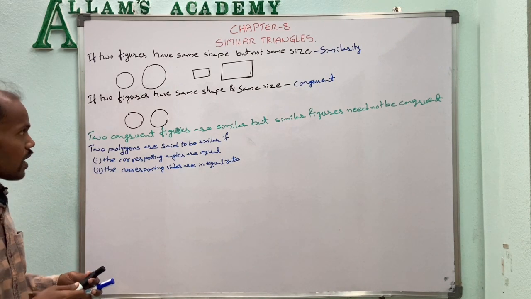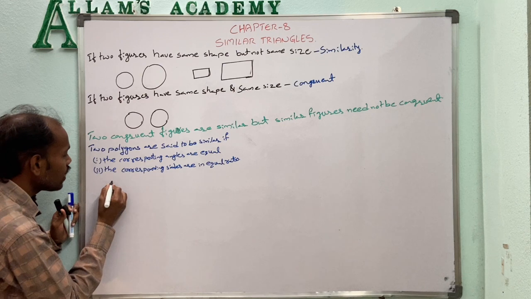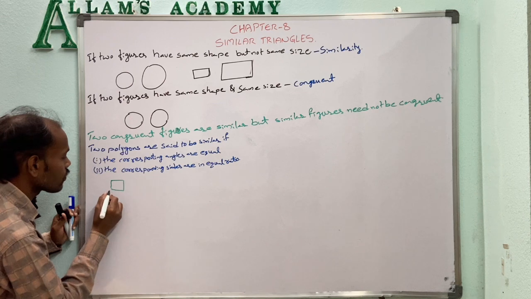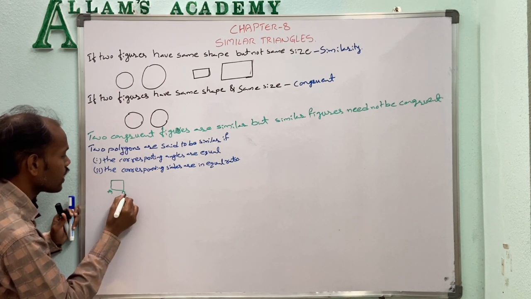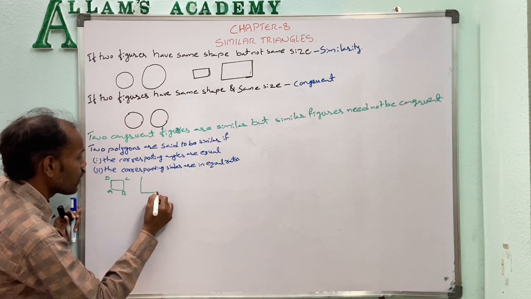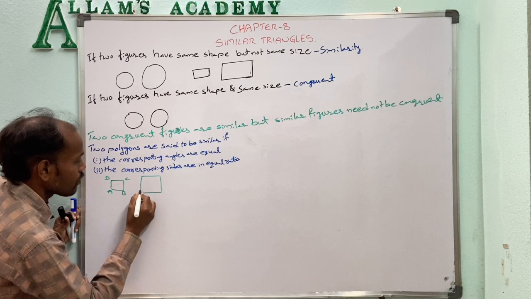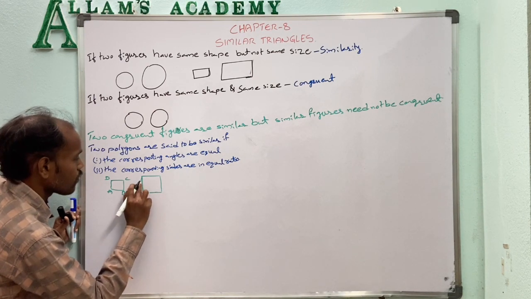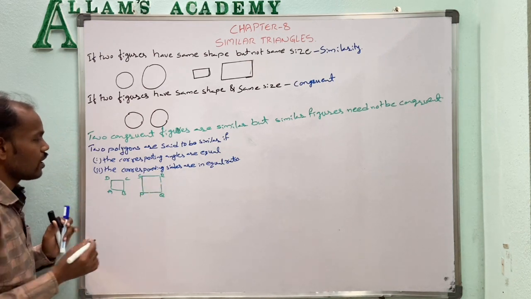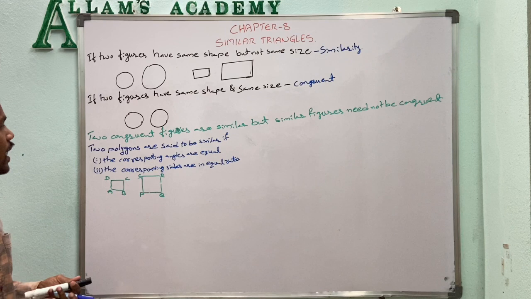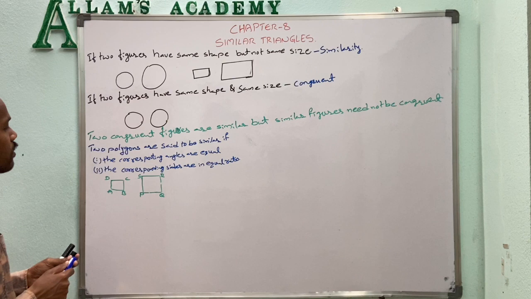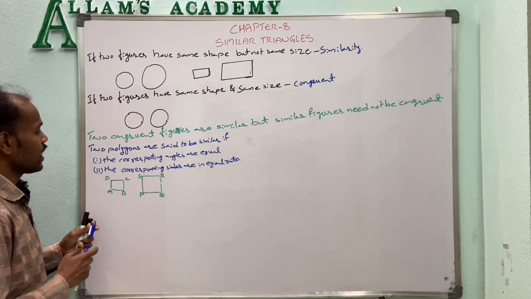Okay, so for example, here we observe a square ABCD and another square PQRS. Now, a square has each angle 90 degrees.